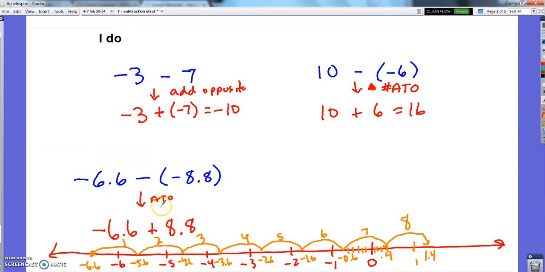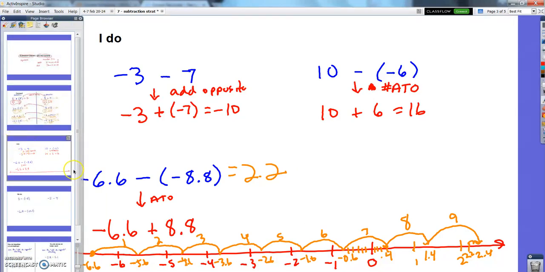And then another 8/10. I think instead of going 8/10, I'm going to go a whole to 2 4/10. And then back 2/10. I went too far. I went 9, so I'm going to go back 2/10 to give back 2 of those, and I'm going to end up at 2 2/10. Whew. I know some of you have figured out how to do that without the number line. I use the number line.